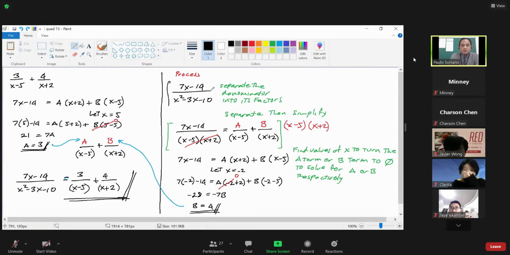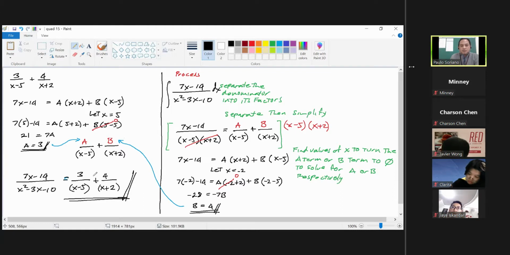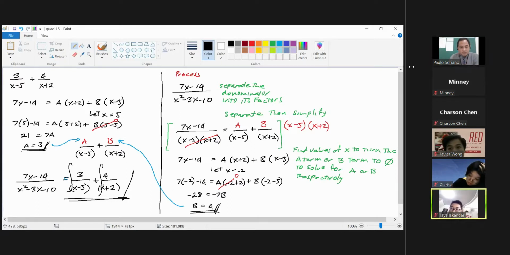If you are given an integral of this, then that means you need to break this into simpler fractions, so that if you are able to break it into this, it's simply the integral of that plus the integral of this. Can you follow? And this one is now logarithm. Got it?